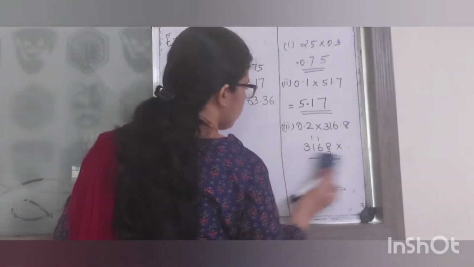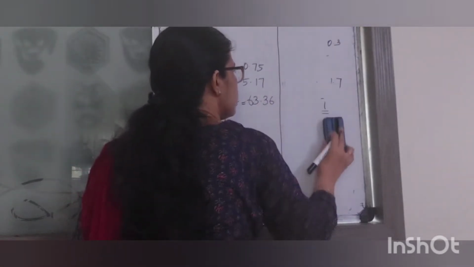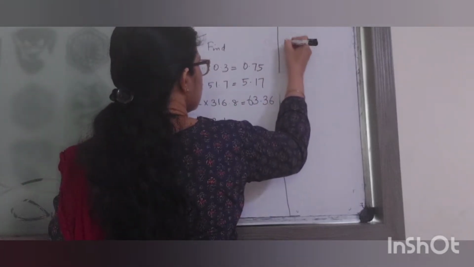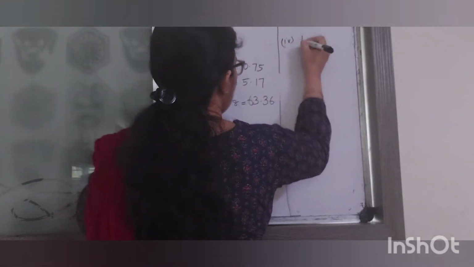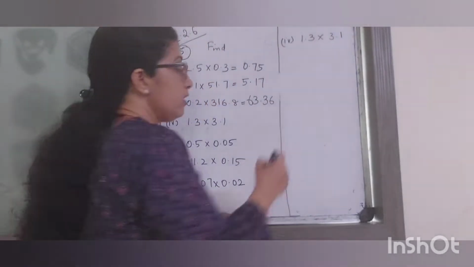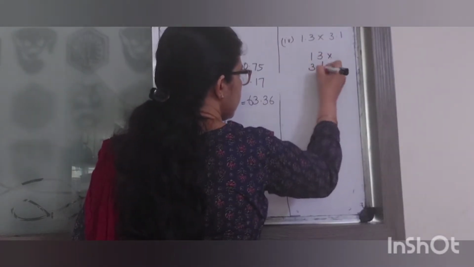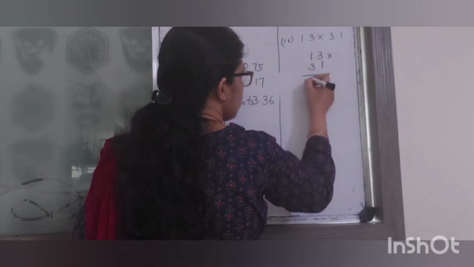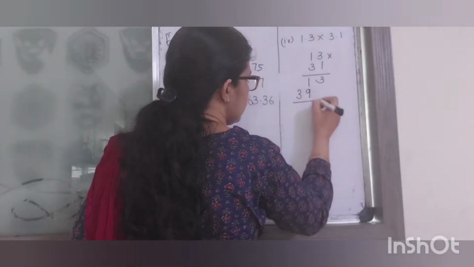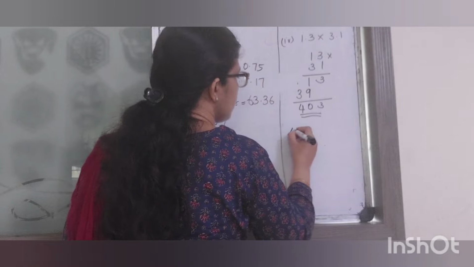Now let's take the fourth question. The fourth question is 1.3 into 3.1. Okay, so ignore the decimal point. 13 into 31. 1 3 is 3, 1 1 is 1, 3 3s are 9, 3 1 is 3, 3, 10, 9 plus 1, 10, 4. 403 is the answer.